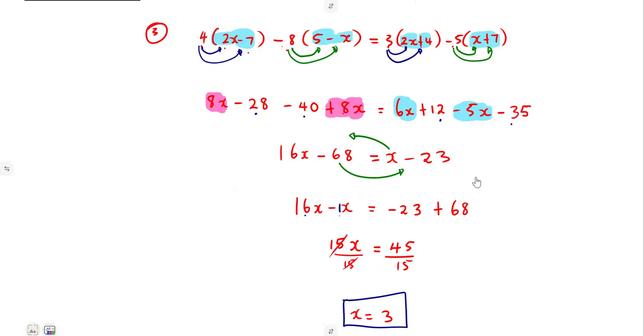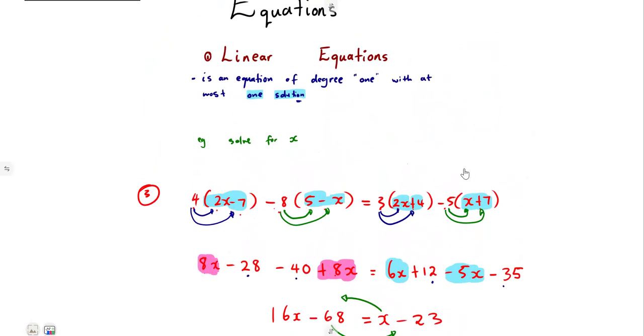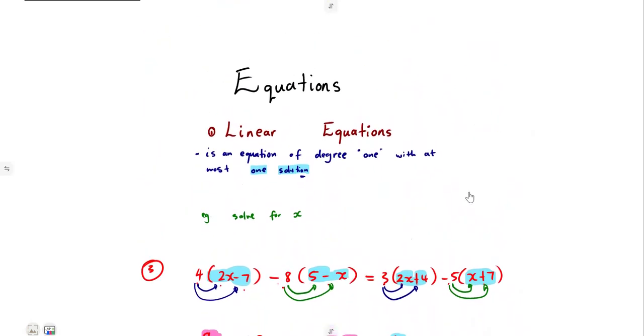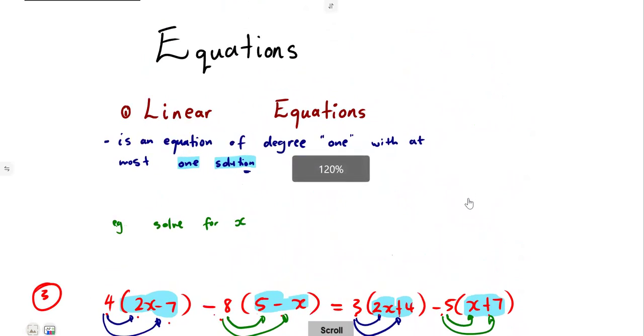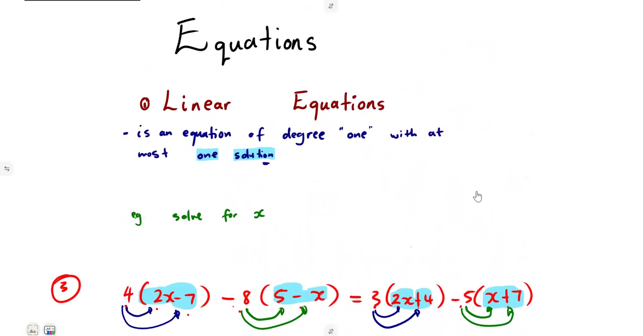In the next class, we are going to look into the same linear equations, but those ones that will be having fractions. As a matter of revision, just revise the basics so that when we have that class, you will have the idea of what exactly I am referring to.